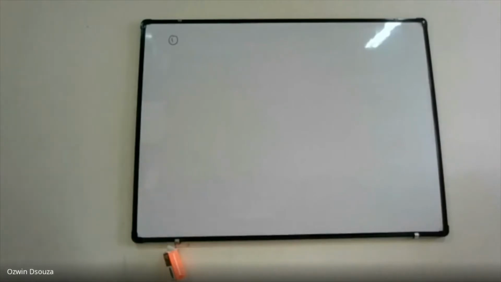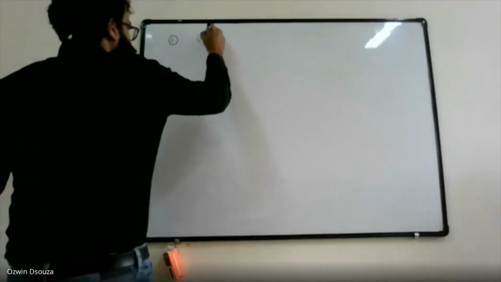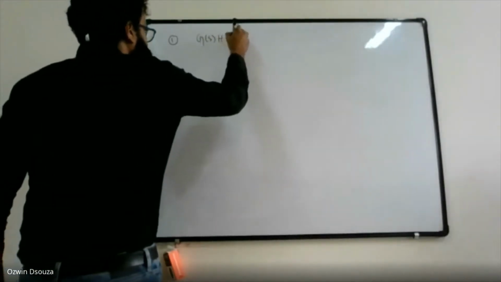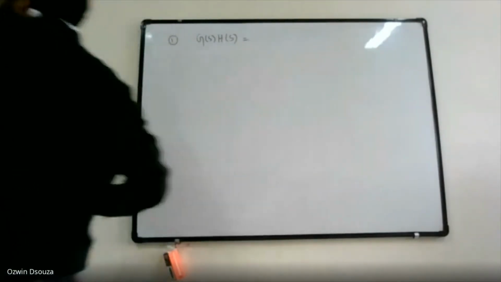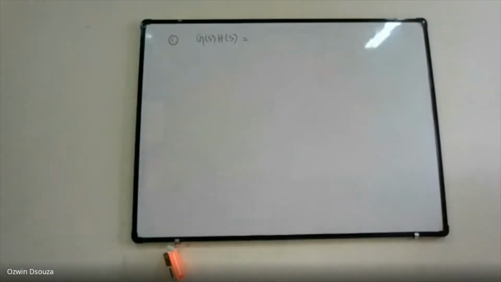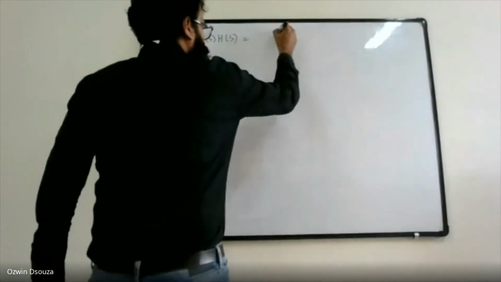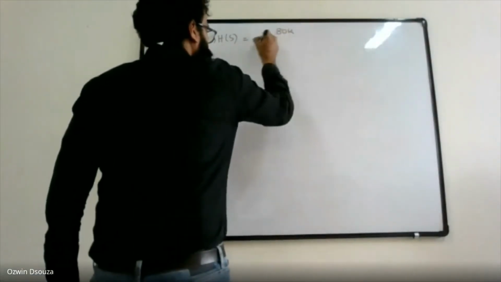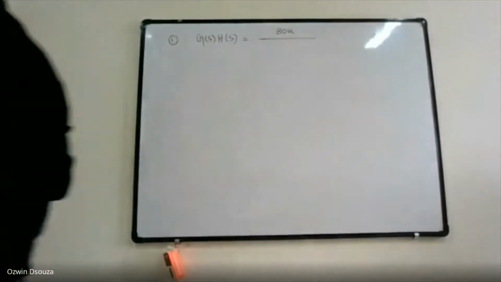All right. For the given system, obtain the Bode plot and determine omega GC, omega PC, gain margin, and phase margin.